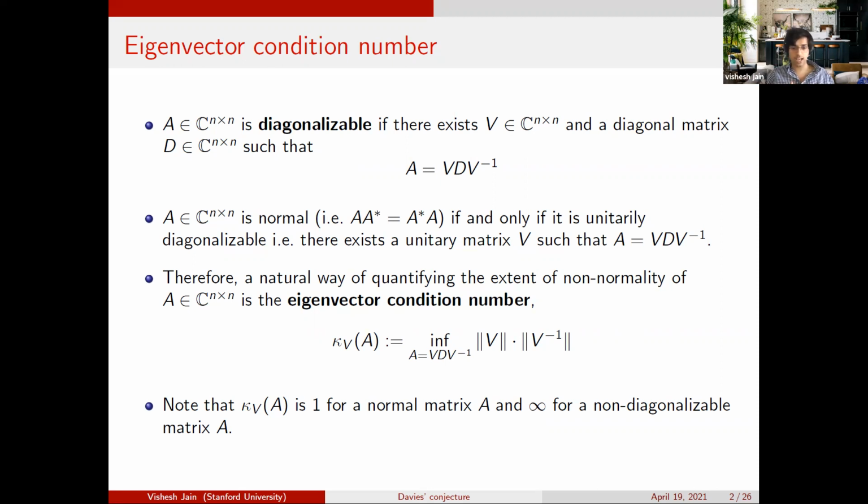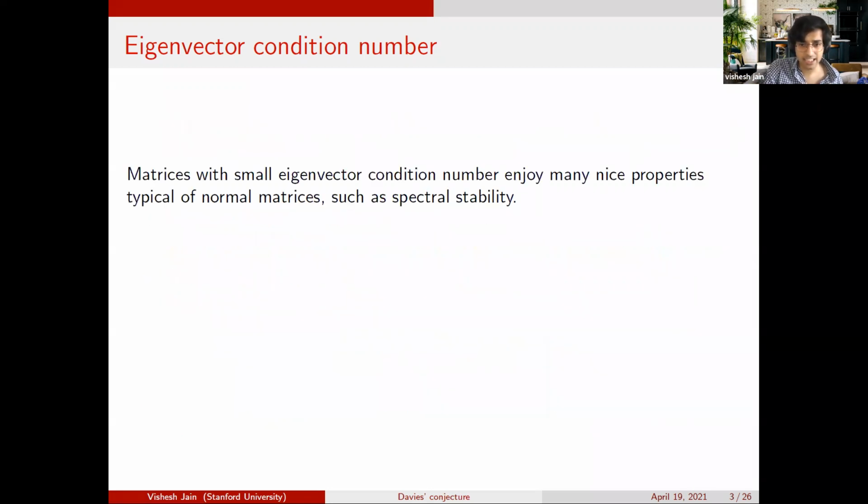You can view this as some measure of non-normality, or as some measure of how well your matrix is diagonalizable, with the understanding that if something is unitarily diagonalizable, then I'm really happy. This is fantastic.